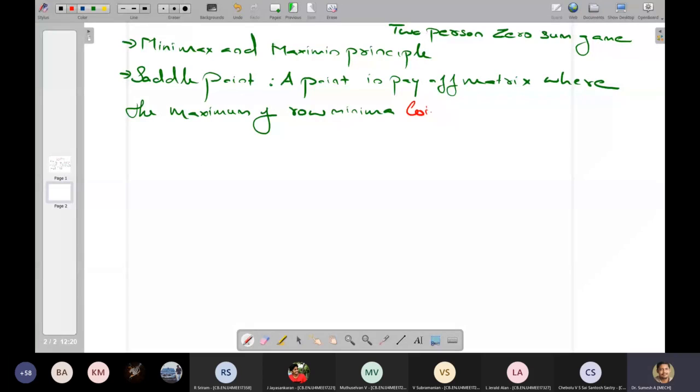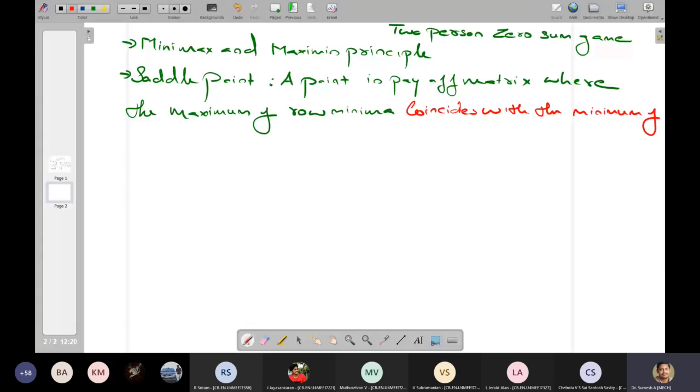So there are two terms you can see over here. To get a saddle point, the maximum of row minima has to coincide with the minimum of column maxima. So you have to determine the row minima, and from that determine the maximum.